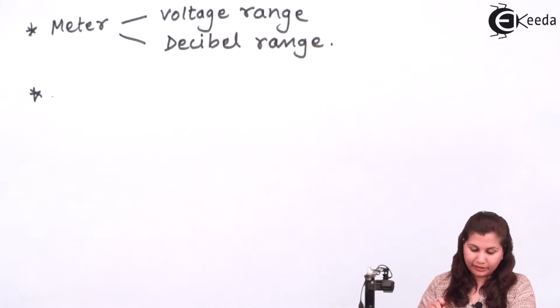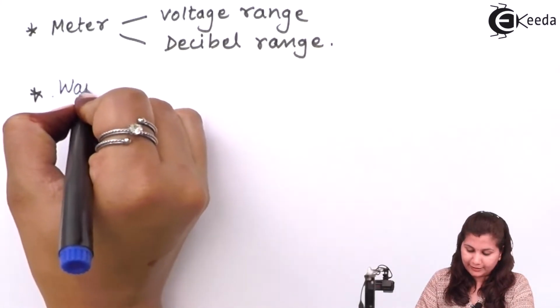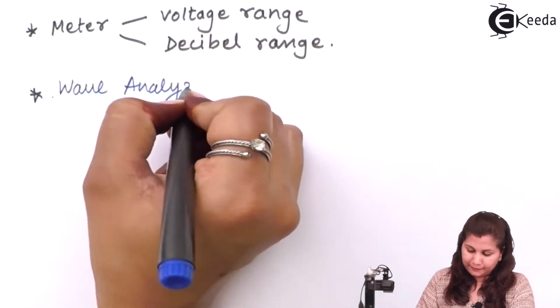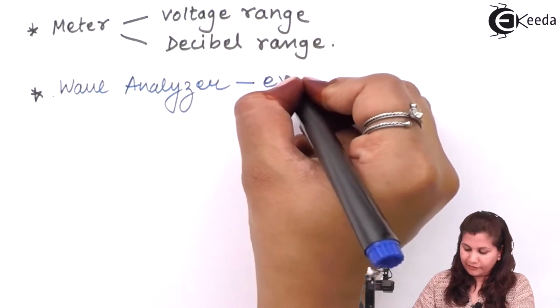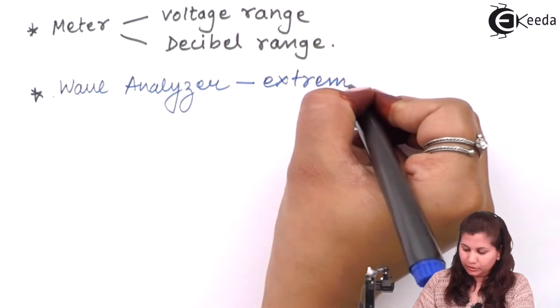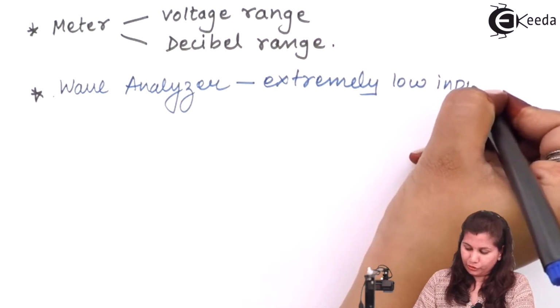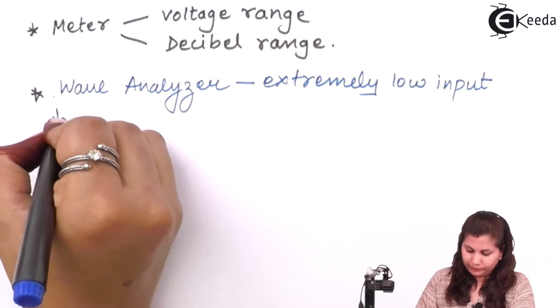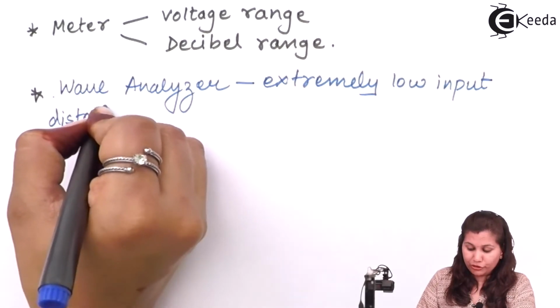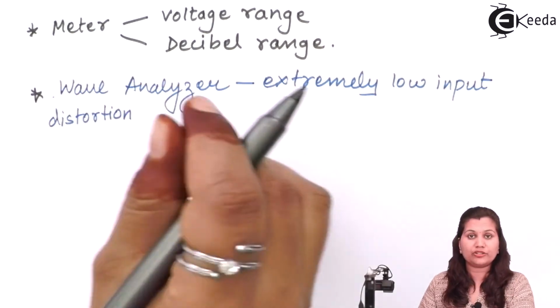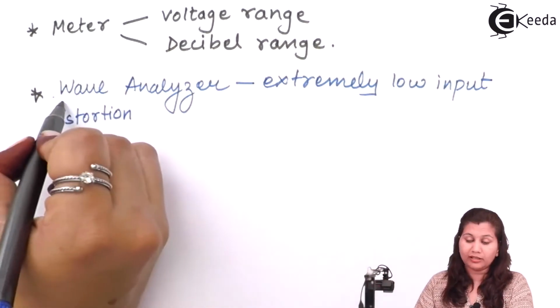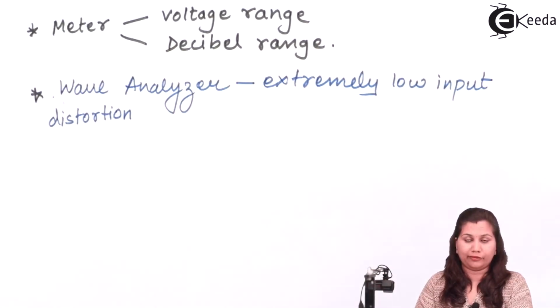So wave analyzers must have extremely low input distortion, and this input distortion should be so low that it is not detected by the wave analyzer itself.